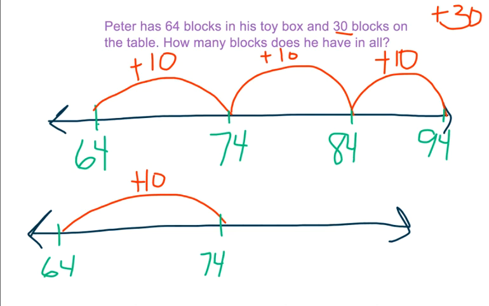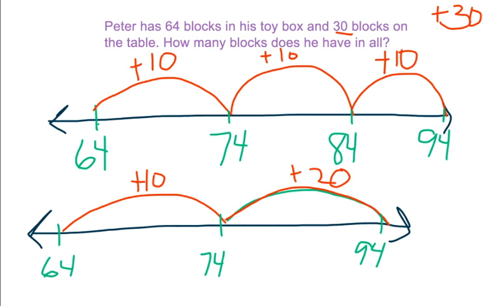So I added 74 plus 20. Oops, let's stay with my same colors. I could do it this way as well. If I can do it in my head, that 74 plus 20 equals 94.